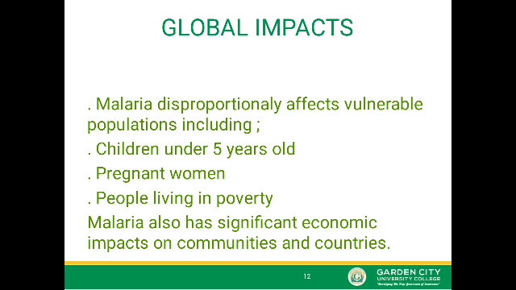So if not prevented or treated, it impacts the globe, bringing poverty to the nation and crisis to the community. Therefore, we need to adhere to these measures so that we do not fall into it.